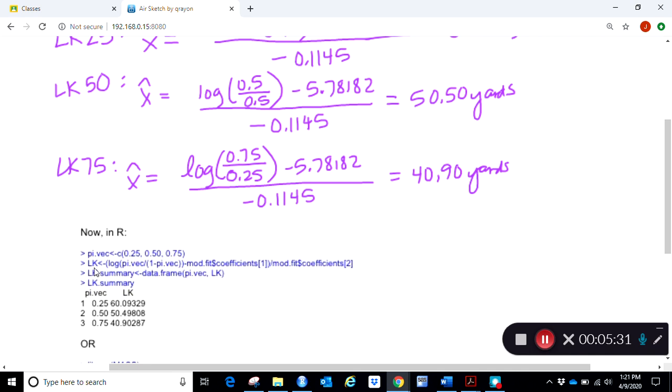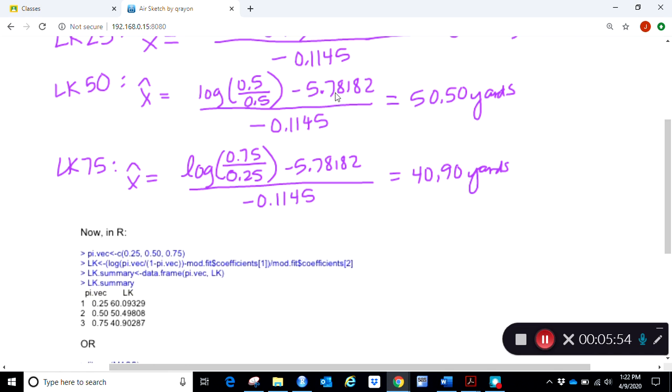And then I'm storing this as my LK for lethal kick. I'm really just plugging in the formula that you see here, but at each place where I had these different values, I'm actually going to be using my pi.vec, and that's going to allow me to do it for all three at the same time. So we would take the log of whatever pi is, divided by 1 minus pi.